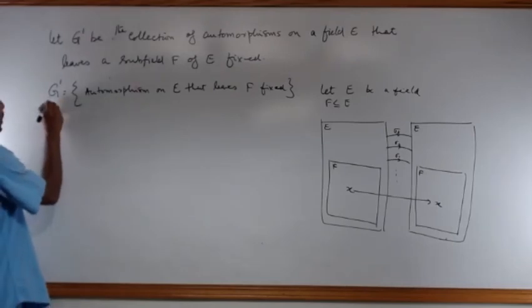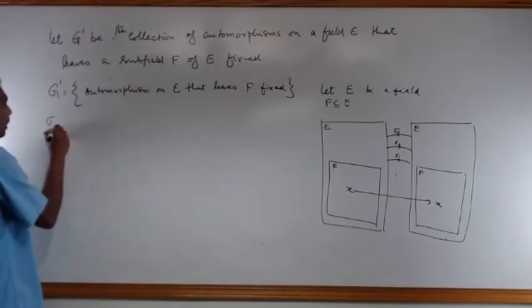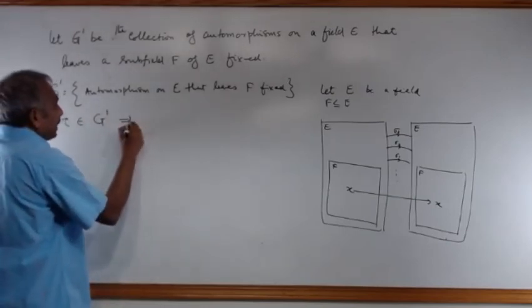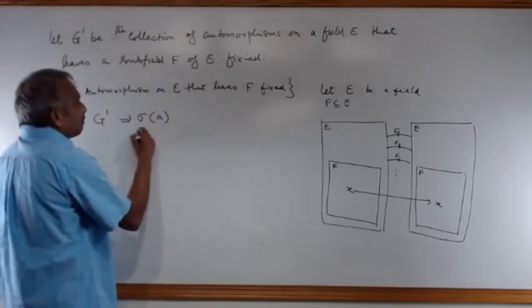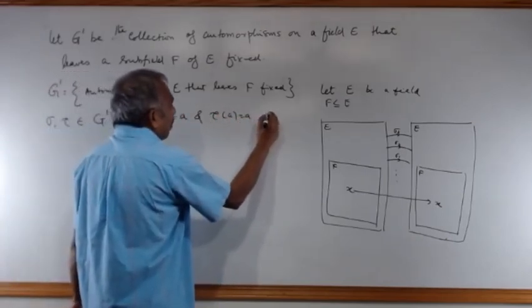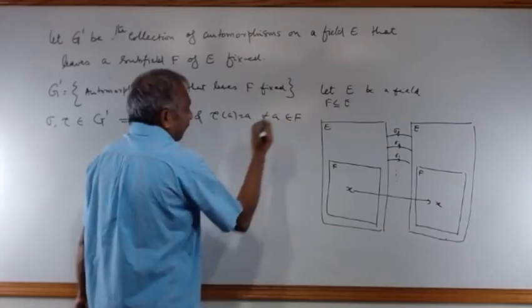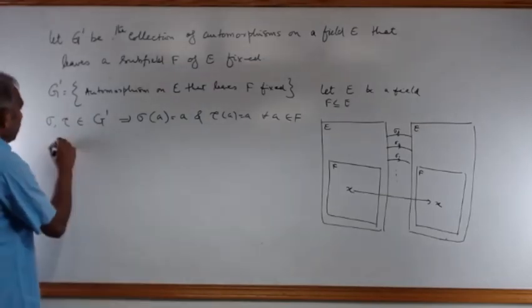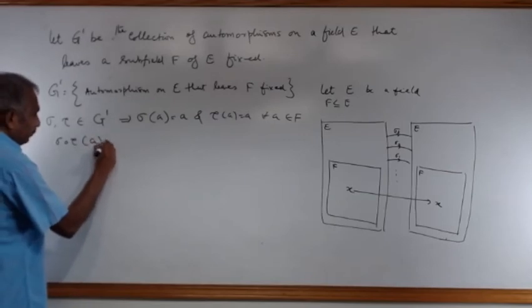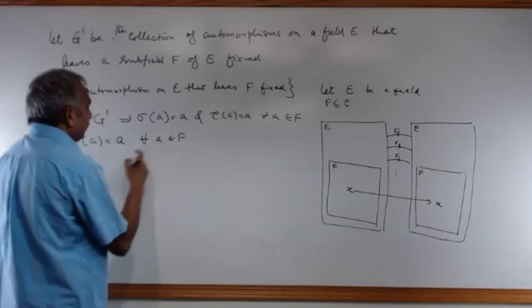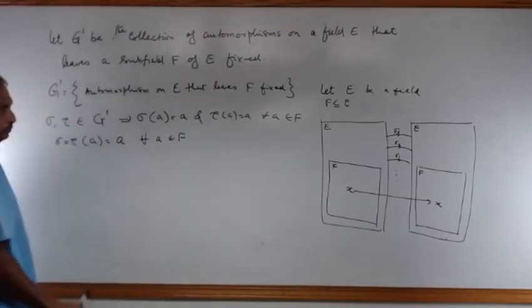So let us take two elements from here. Sigma, tau belongs to G prime. That implies sigma of a is equal to a and tau of a is equal to a for all a in F. So sigma after tau of a is equal to a for all a in F because it is not moved.